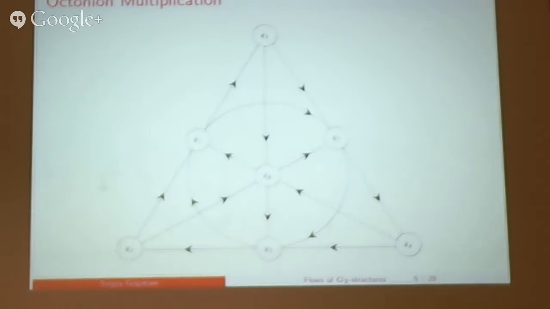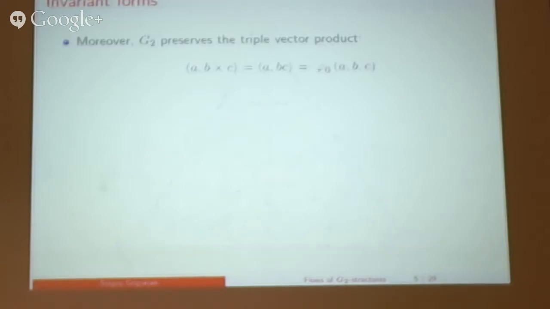So we can encode these multiplication rules just as a set of structure constants. To do that, we define the triple vector product. Again, this is similar to what we do in R3. We take the cross product of 2 vectors, then we take the inner product with the third vector, and so this gives us a number overall.